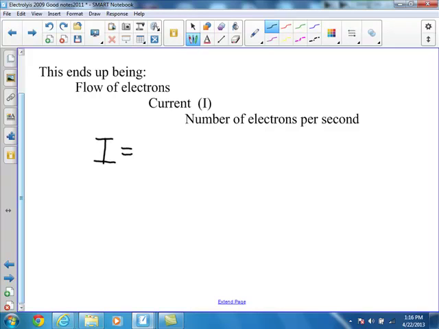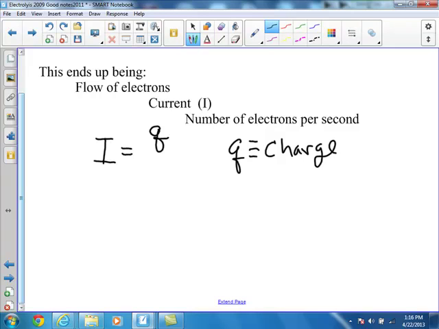Okay, so current is the number of electrons flowing per second. What was the symbol last week that we used for electrons? Q. Remember, Q was charge. And what was the unit of charge?